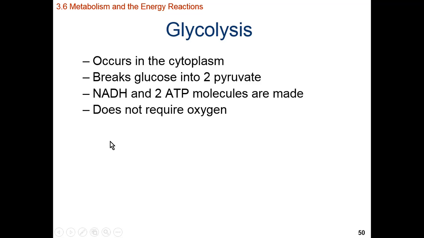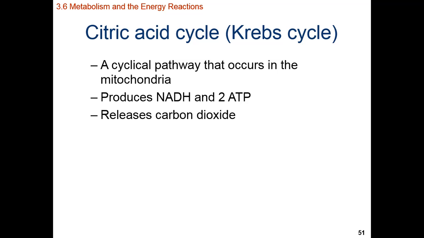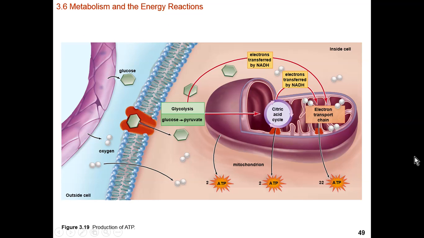Something else that's worth emphasizing is glycolysis does not require oxygen. So if you hold your breath, you can have plenty of glycolysis taking place, and you can make those 2 ATP over and over and over again via glycolysis. Our citric acid cycle is a cyclical pathway. So we go back here, we can see the citric acid cycle is represented by that circle.